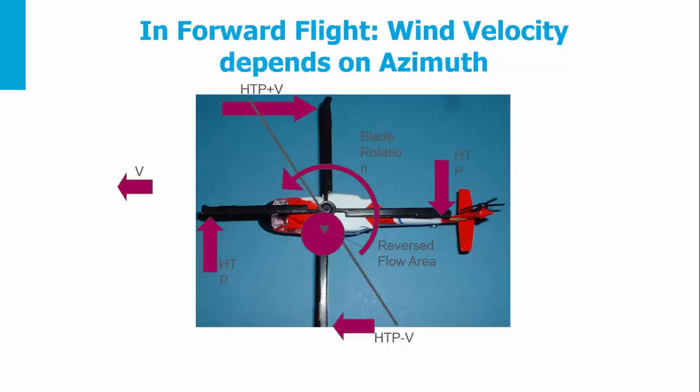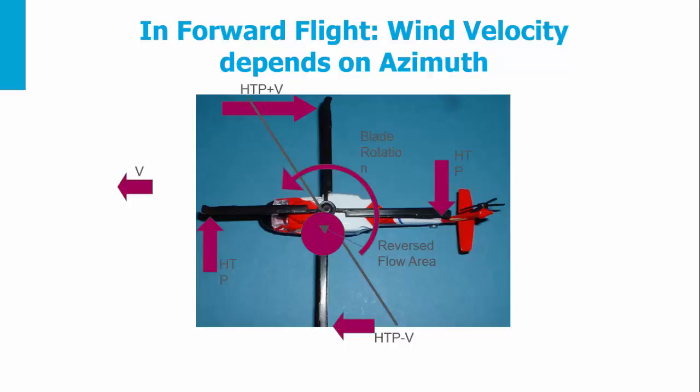As we are advancing, the advancing blade would see a velocity which is the hover tip speed omega r plus the forward speed. In front of the disc, the velocity of the blade will be again the hover tip speed omega r, and the retreating blade would see the velocity, the hover tip speed minus v, the forward velocity.